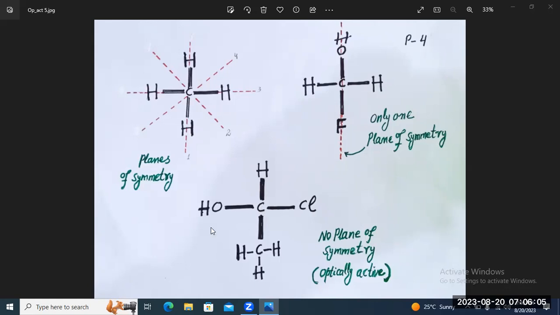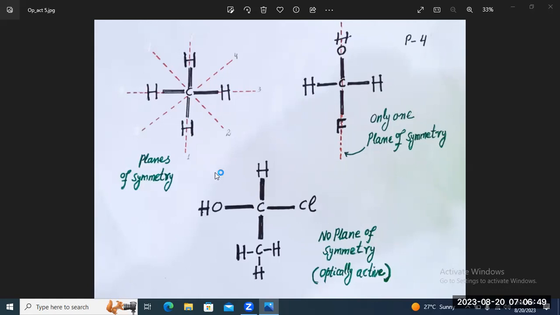You will see the two halves would not be equal to each other. If you cut from here to here, you will see the two halves after cutting would not be equal to each other. If you cut from here to here, then the two halves would not be equal. Similarly, if you cut from here to here, then the two halves, after bisecting this molecule, would not be equal, would not be mirror images to each other.